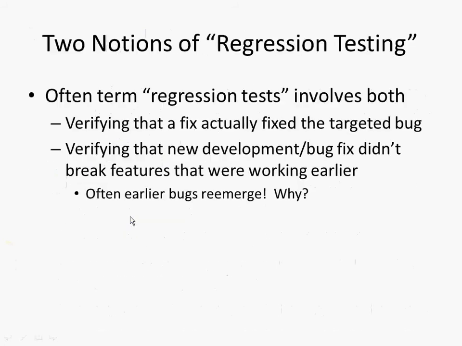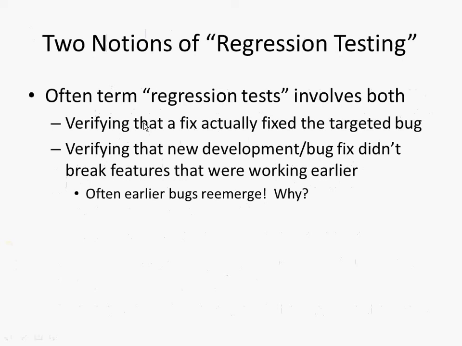so I talked about these notions that for regression, it could either be we failed to fix something that we intended to fix, or that something else reemerges. So we talk about a regression test as being a test that verifies the fix is now working.